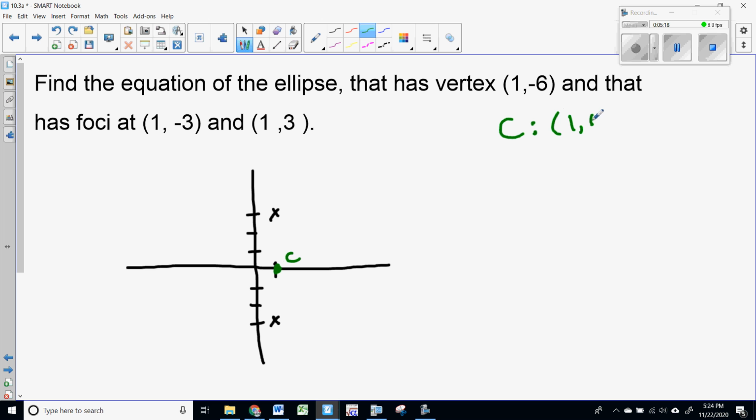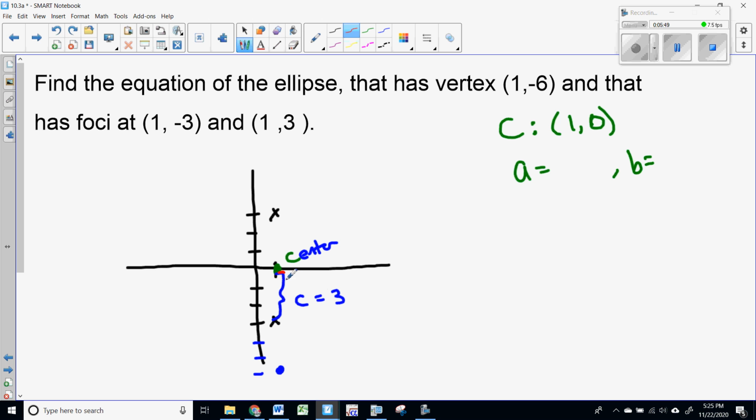Now remember, to find the equation, we need to know our center, we need to know a, and we need to know b. It also tells us that (1, -6) is one of our vertices. So this tells us that this is our center, and c is 3.